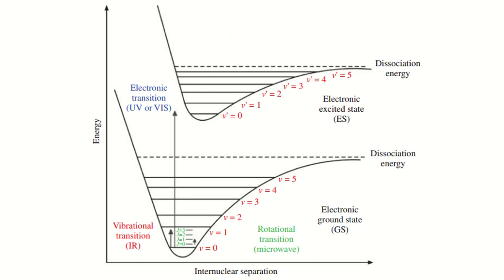For all practical purposes, this implies a wavelength in the range of 2.5 to 50 micrometers, or 200 to 4000 per centimeter in wave numbers, with corresponding energies of 2.4 to 48 kilojoules per mole.